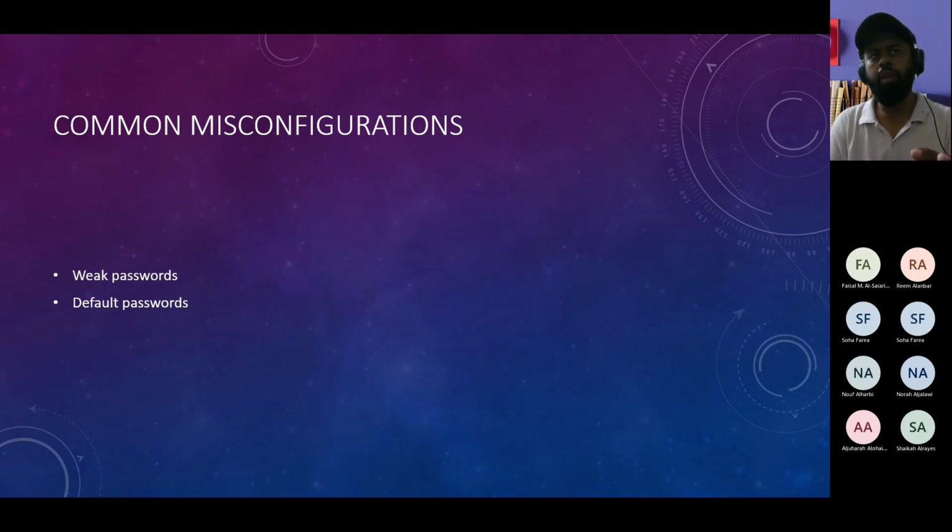This could be a misconfiguration. There is no vulnerability in the application, and it provides you all the flexibility, but the developer was told we need an application that allows weak passwords. So he made that application, but now it's your responsibility to use a strong password. So this is a misconfiguration.